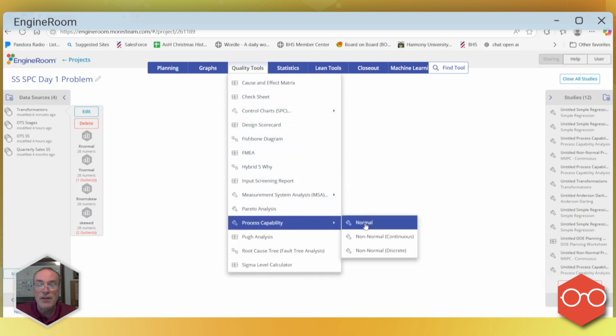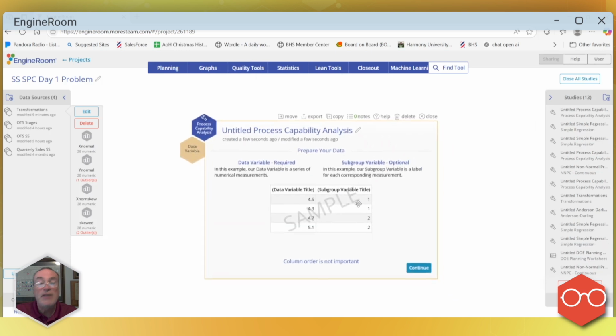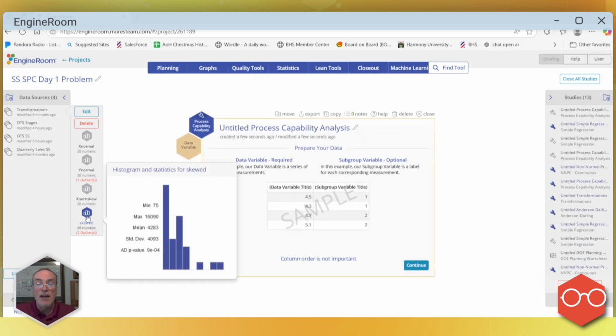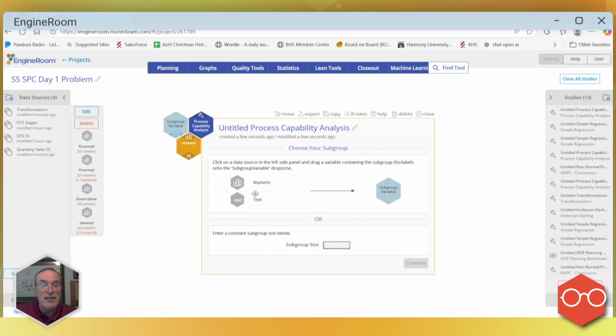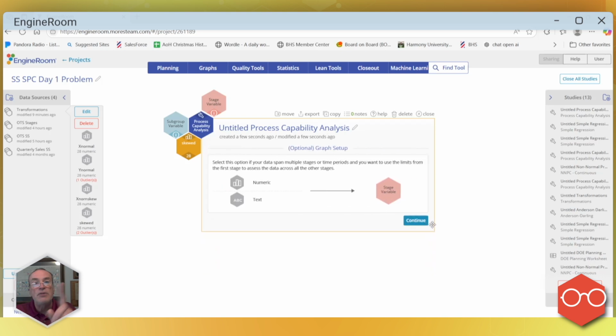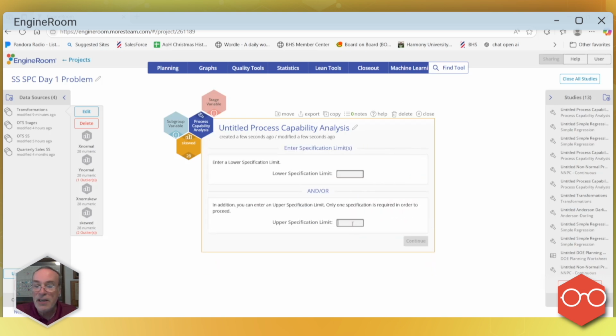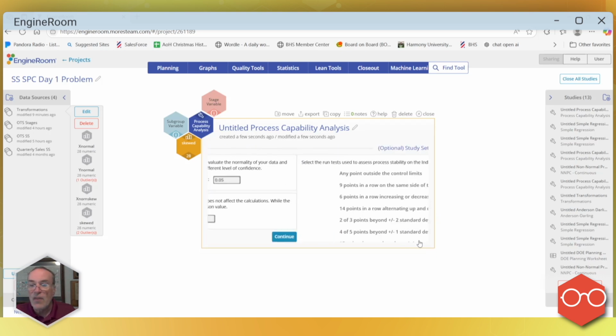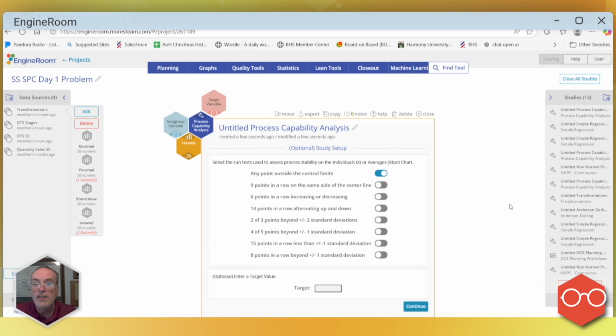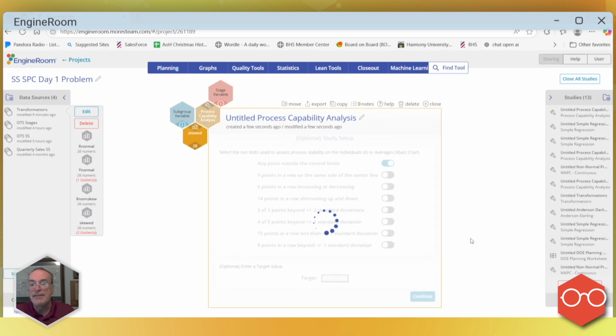Oops, sorry. We're going to do process capability. I'm going to do it two different ways. I'm going to do it assuming the data is normal. So I'm going to put in a skew. It's a subgroup size of 1. Don't chastise me. I know there's only 28 values. You should never do this without at least 100. But we're just showing for demonstration purposes.